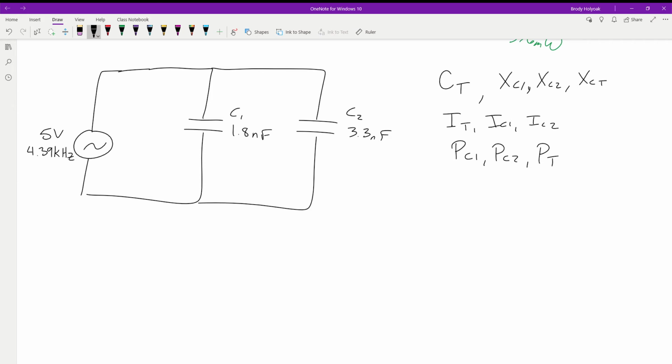Okay, so the capacitance total, we just add those two values together. Okay, 5.1 nanofarads.